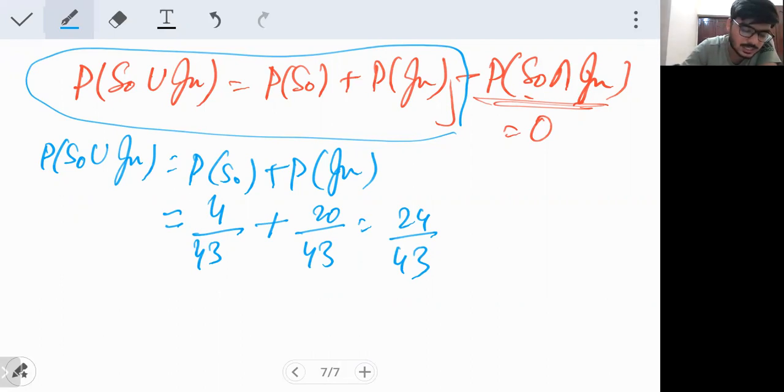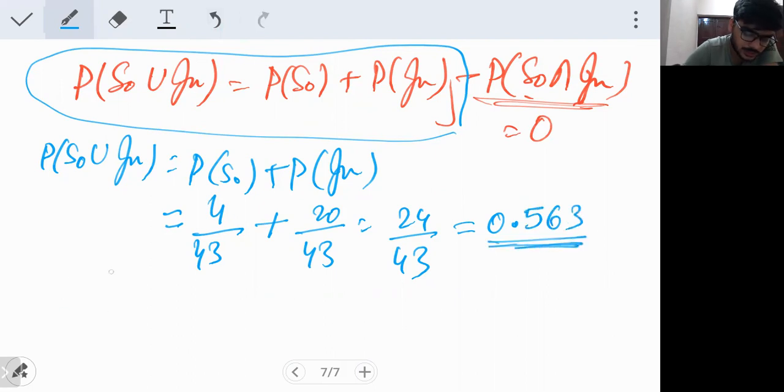If we solve this, it will come to something like 0.563, something close to that, right? 0.56.